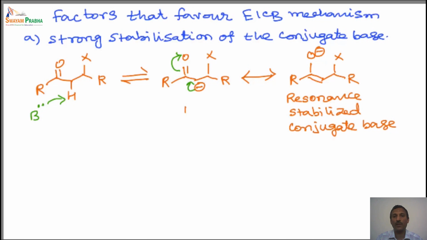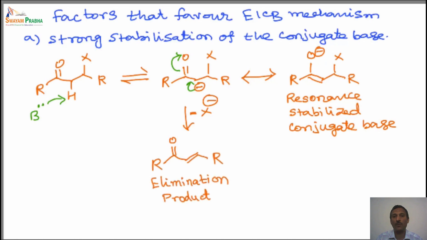Because of the presence of the strong electron withdrawing carbonyl group, the electron is pulled towards itself and the anion is shifted between the carbonyl carbon and the anionic carbon. So this leads to an intermediate, which is a resonance stabilized conjugate base.